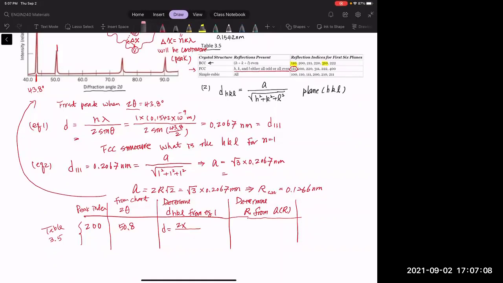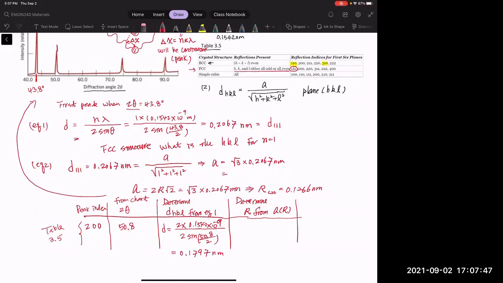The second term is the lambda. Lambda is still the same, 0.1542 times 10 to the negative 9, and divide by 2 sine of 50.8 divided by 2. Okay. And that will be 0.1797 nanometer.